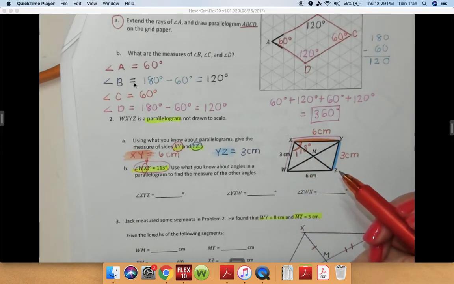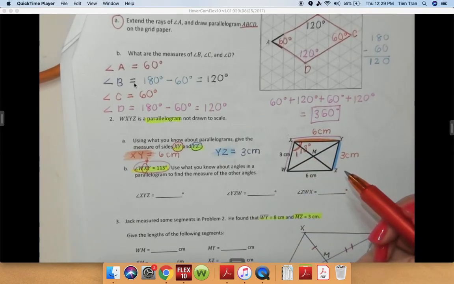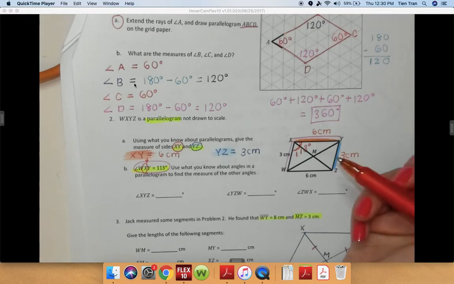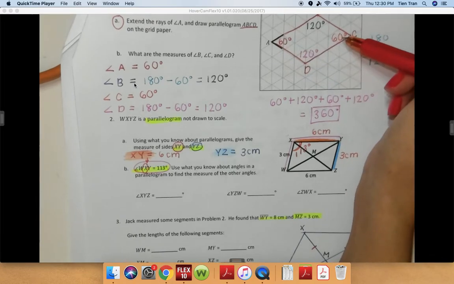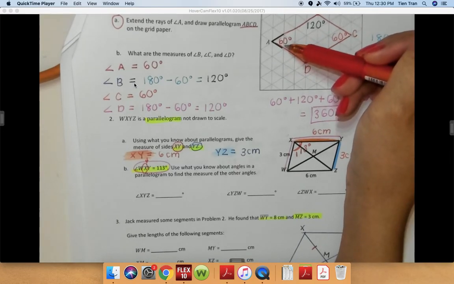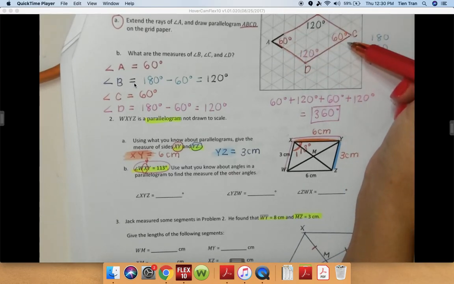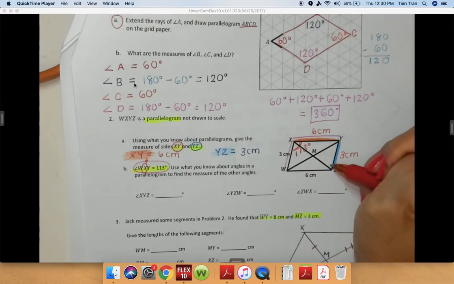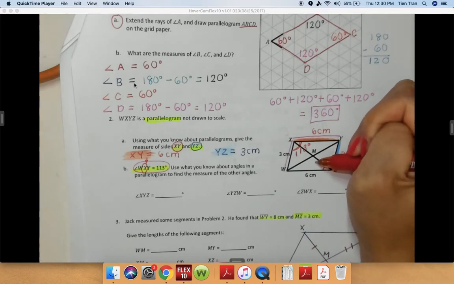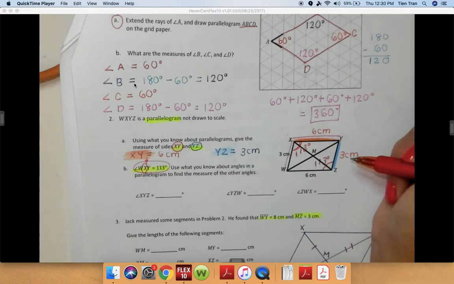Now, they want me to use what I know about parallelograms to figure out the rest of them. Remember I told you opposite sides are the same. So if this angle is 60 degrees for angle A, the angle C must be 60 degrees. So I have 113 degrees here, so the opposite angle must be 113 degrees.